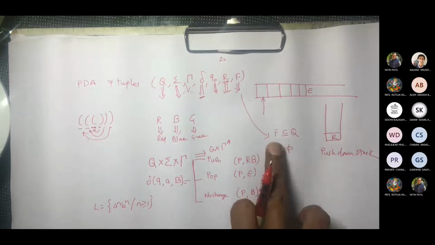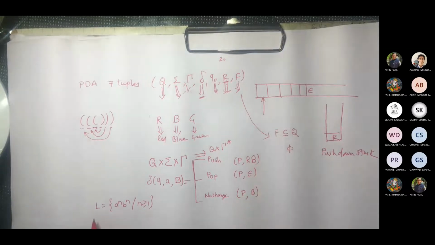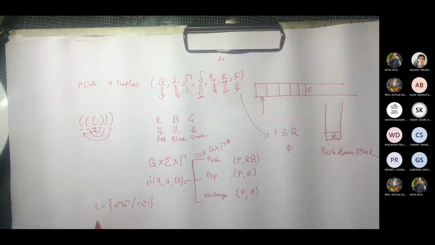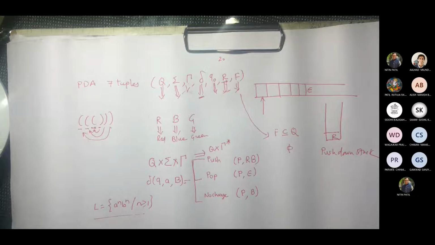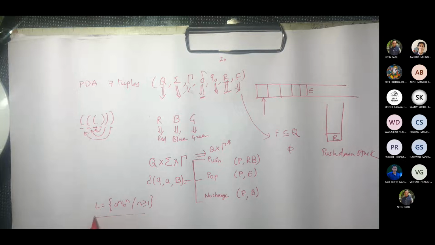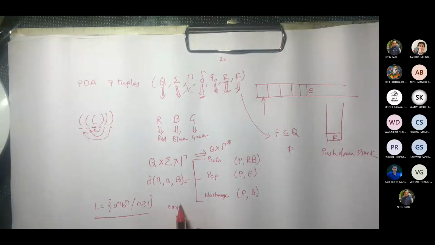So that's why in general it is said. Whenever you are asked to design a PDA for, say, this kind of language, there could be a problem like this: design a PDA for this which accepts strings with empty stack.